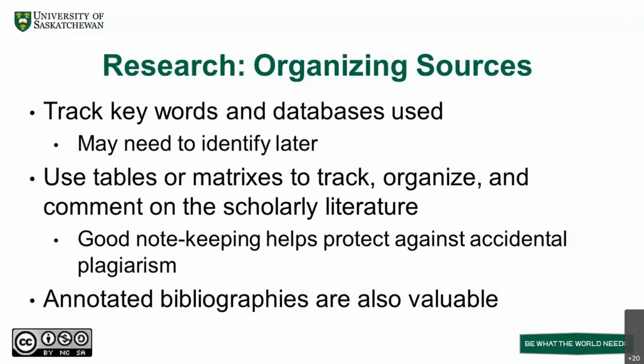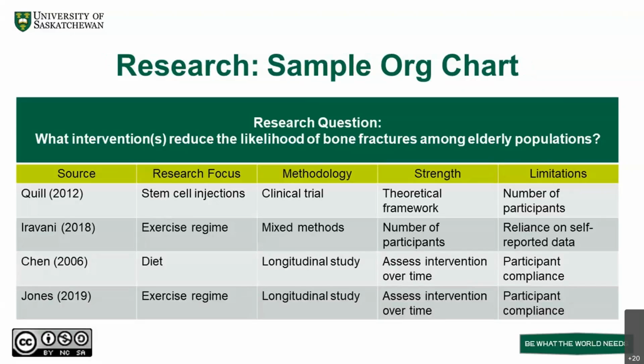Another strategy that can be useful when it comes to organizing sources is making use of annotated bibliographies, and we'll be looking at those a little bit later in today's session. So here is a sample organizational chart. It's not quite a pinch table, but it has some shared DNA, I would suggest.